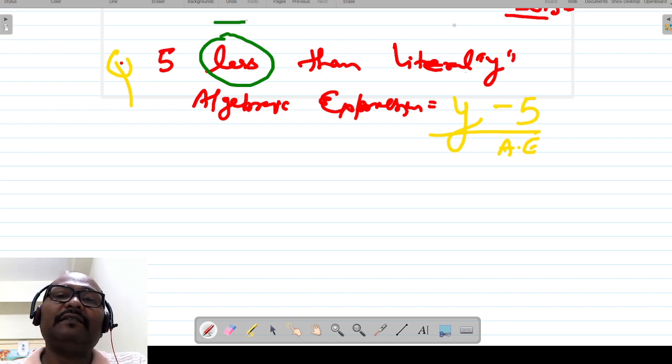You will get the answer. With a cool mind, just read the question, identify the clue, and put it into your memory. By being a wise student, you all can solve it. Just put it over here and get the algebraic expressions. It's a very easy exercise. Algebra is very beautiful.